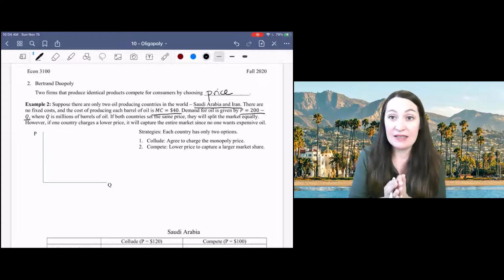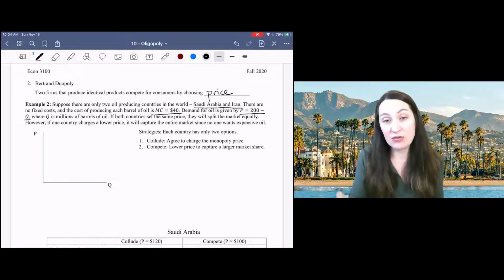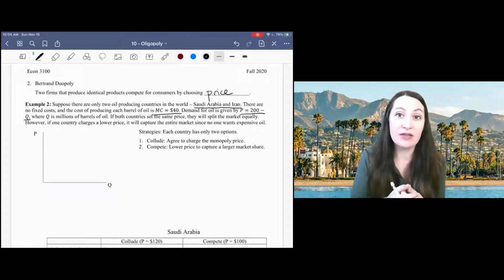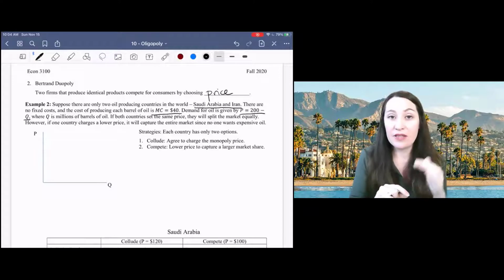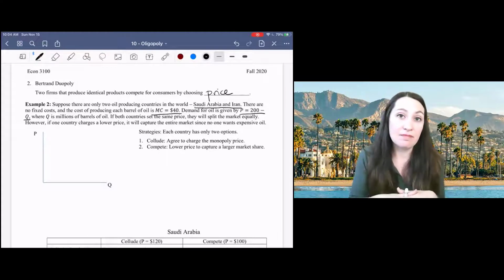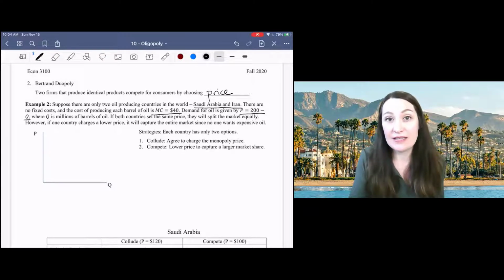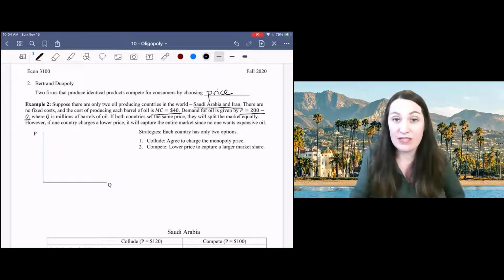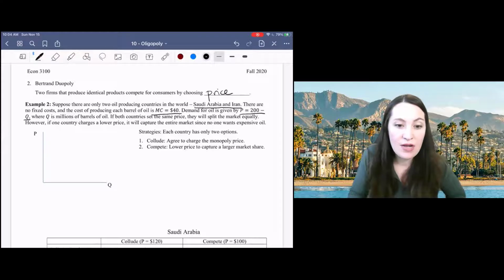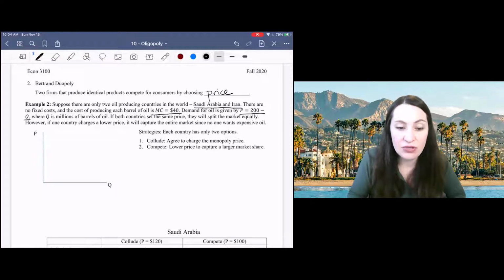If both countries set the same price, they'll split the market because consumers don't really care which one they buy from, so they'll each get half the consumers. But if one country lowers their price below the other, then the country with the lowest price gets all of the consumers, right? Because nobody wants to buy expensive oil. So each country has two options.